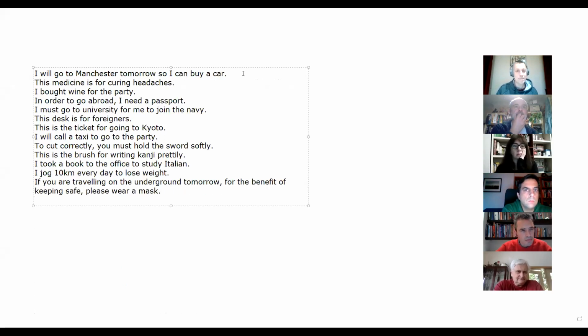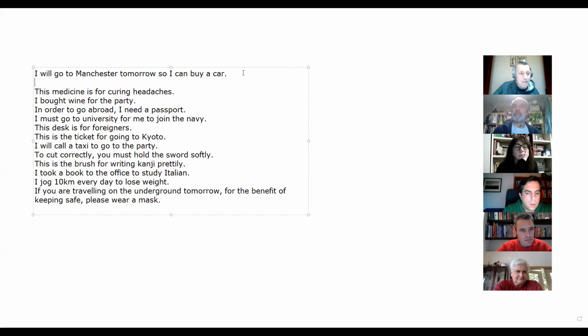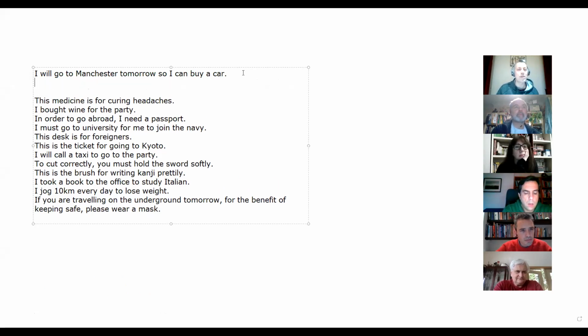Okay, Tom, you're first. I'll go to Manchester tomorrow so I can buy a car. Do we have to say what the beneficial is and the benefit, or just try to translate it? If you're confident, just translate it.